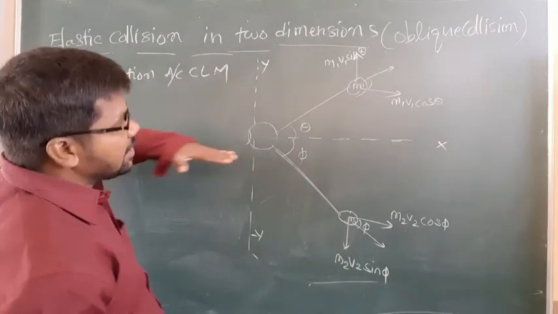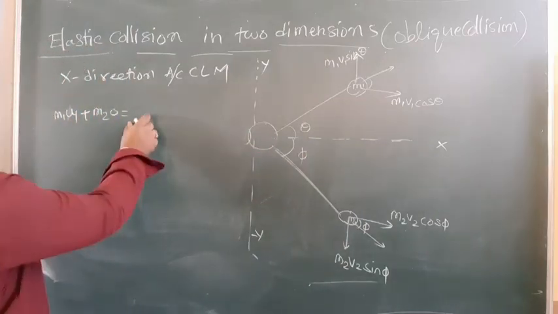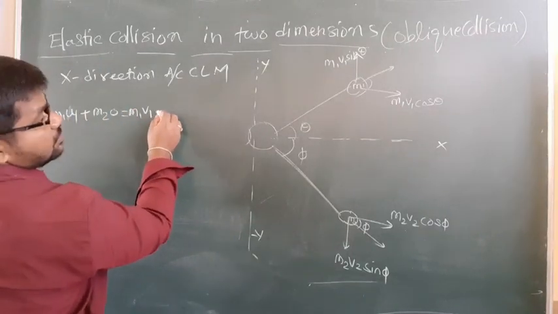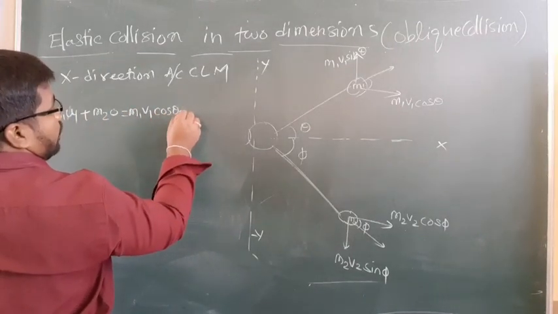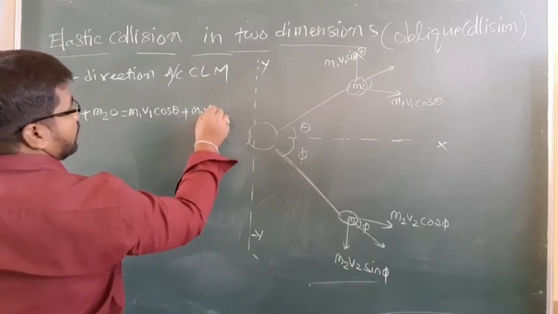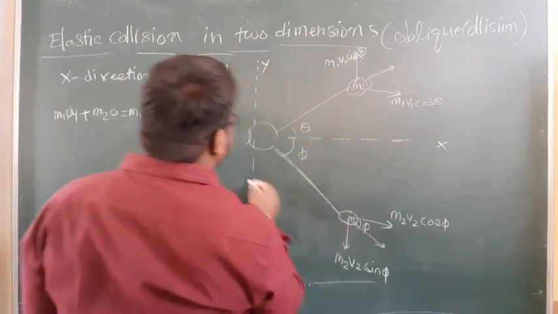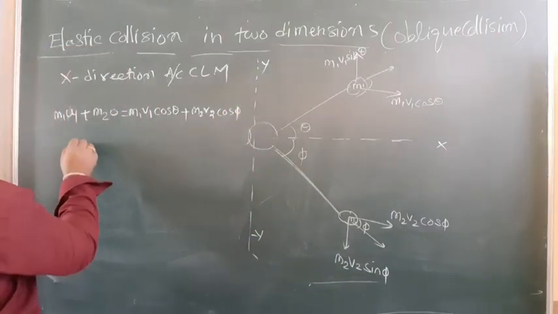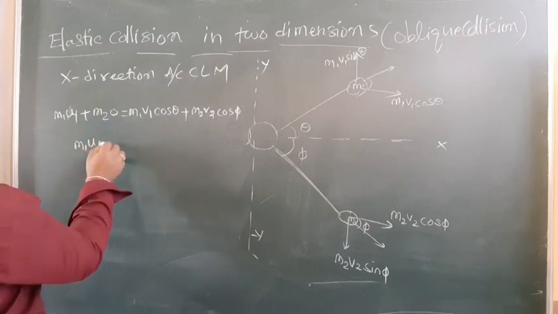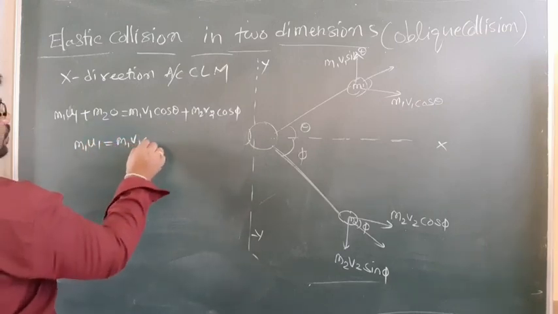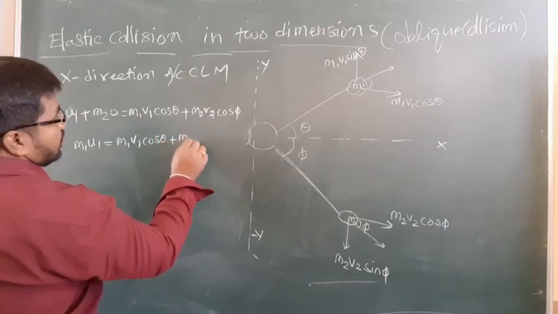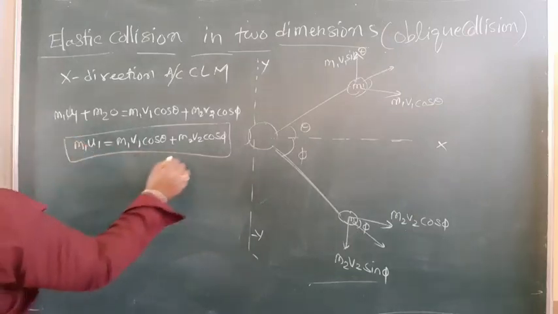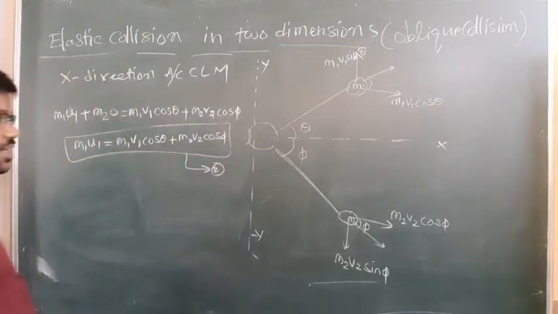After the collision, along the horizontal, m1 v1 cos theta plus m2 v2 cos phi. So m1 u1 is equal to m1 v1 cos theta plus m2 v2 cos phi. This is equation 2.